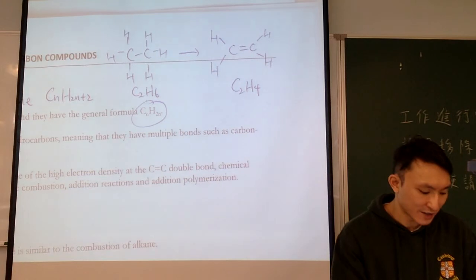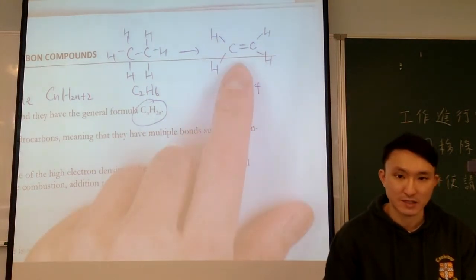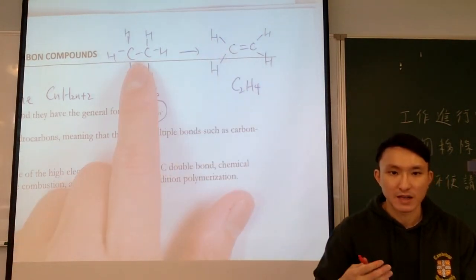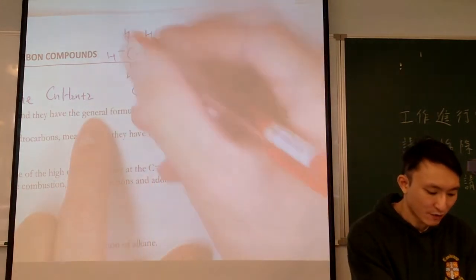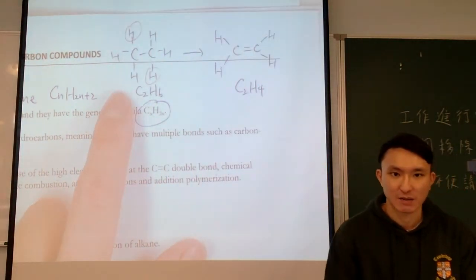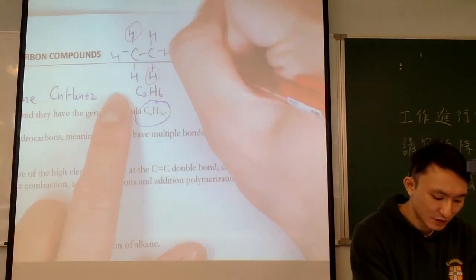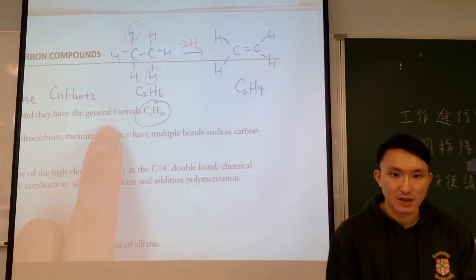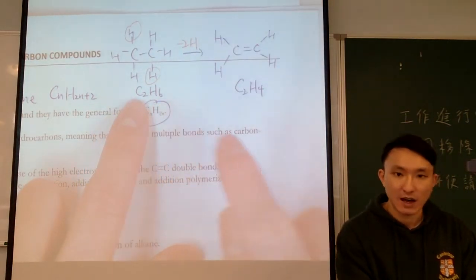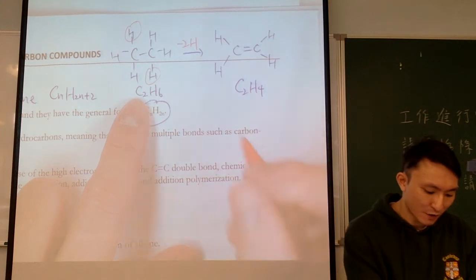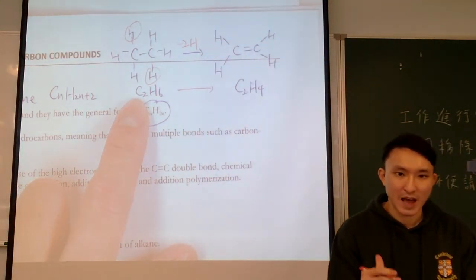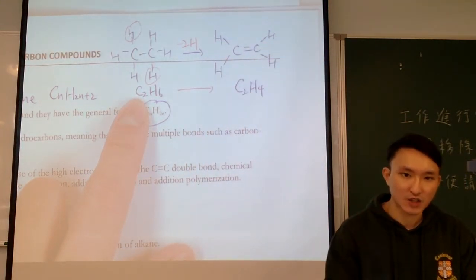Now, you realize that when you form a C=C double bond from an alkane, you need to sacrifice 2 hydrogen atoms. So if you look at the molecular formula, from here to here, we have removed 2 hydrogen atoms.